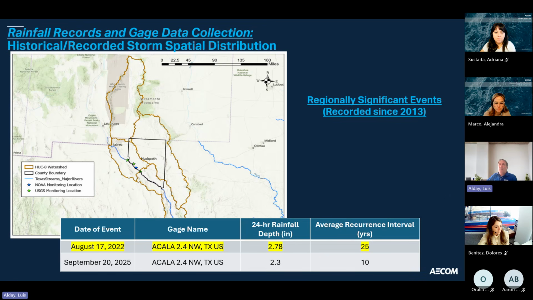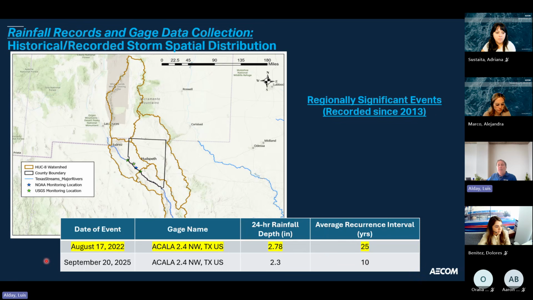They downloaded all the data, and they found that two big events happened. One in 2022 that was about 2.8 inches, similar to a 25-year event. And in 2025, there was 2.3 inches of precipitation, about a 10-year event.